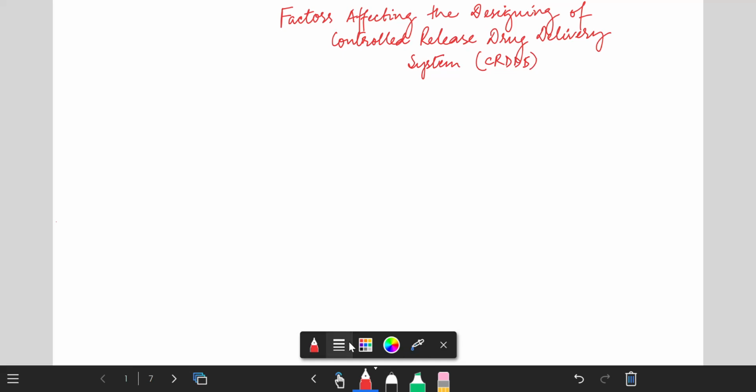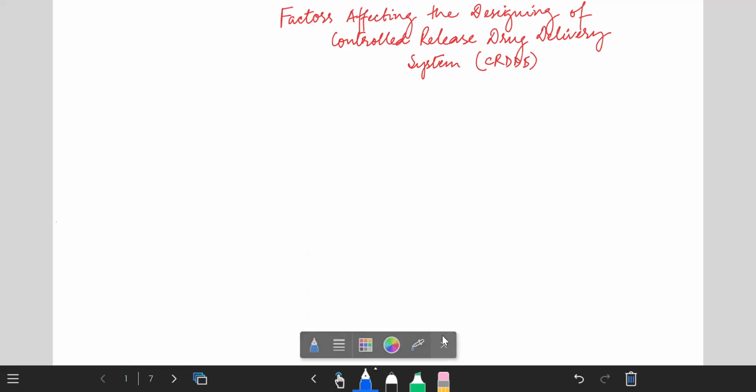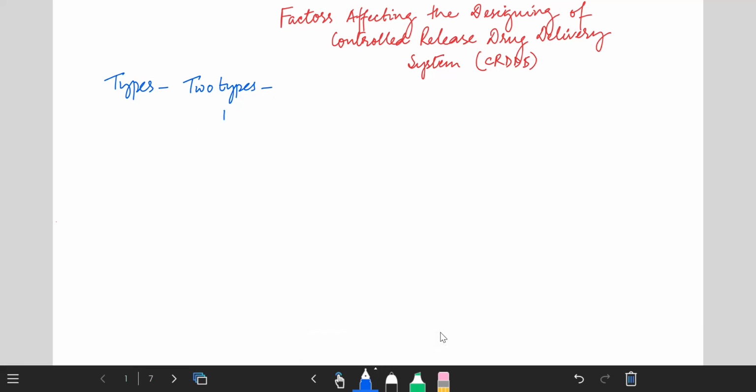So the factors for controlled release drug delivery system are of two types. First one is physicochemical properties and the second one is biological properties.